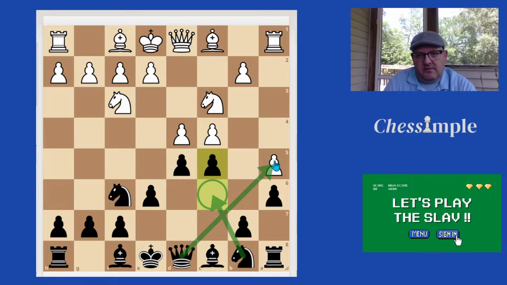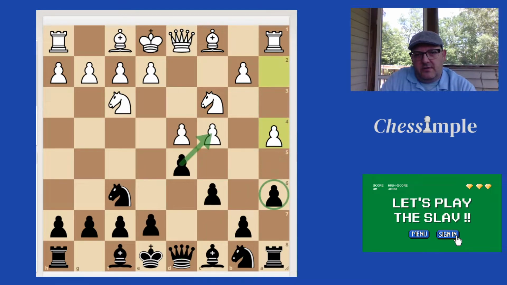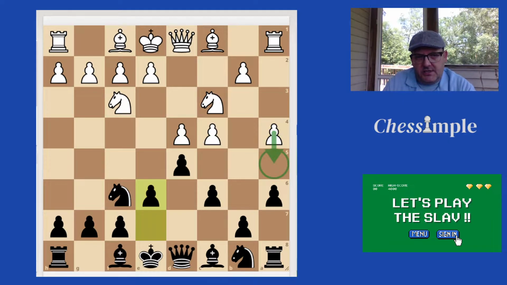And so it's not likely that they'll play a5, but you might have people play it against you, and if you do, you'll end up getting a very good position. So that's the whole reason that we play e6 here, even though it locks in our light squared bishop.